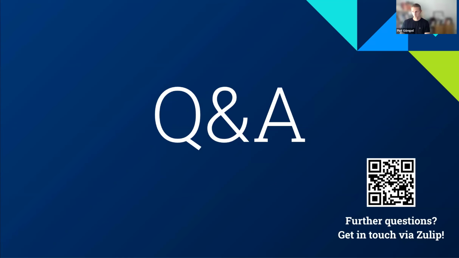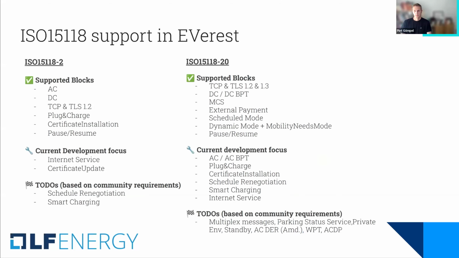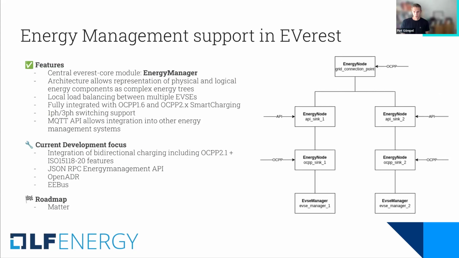Perfect. Next question. Which algorithms are supported in Energy Manager load balancing? Right. Maybe I can go back to the slide to explain a little bit about this. There we go. So you can set up your energy management basically as a tree structure.